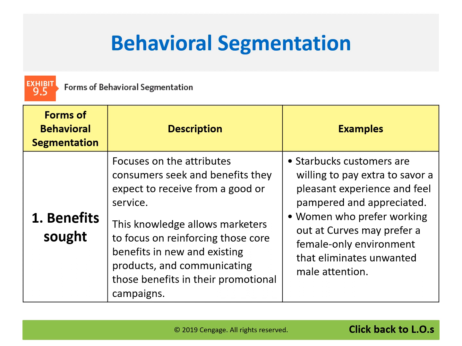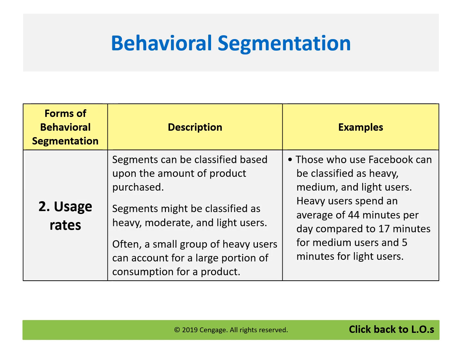For example, for Starbucks, customers are willing to pay extra to savor a pleasant experience and feel pampered and appreciated. Another example, women who prefer working out at clubs may prefer a female-only environment that eliminates unwanted male attention.